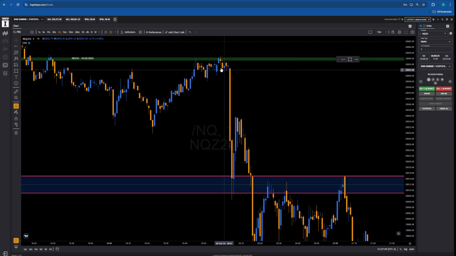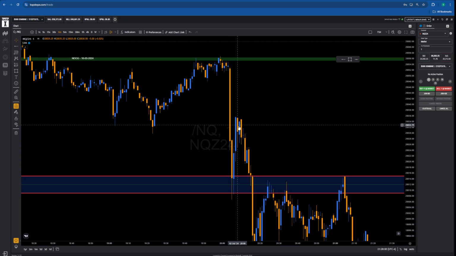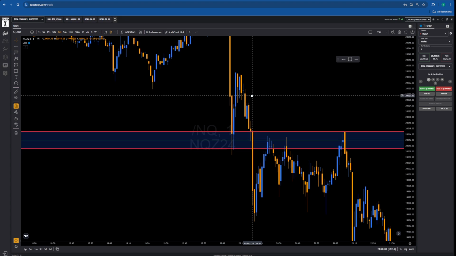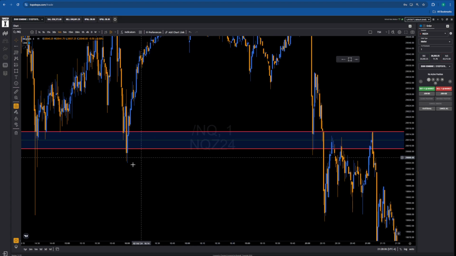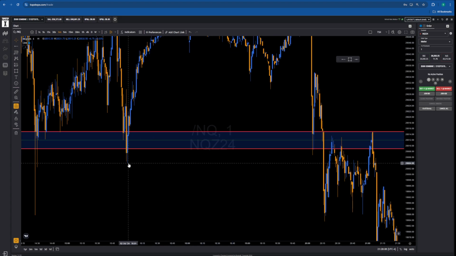Of course, this kind of move you cannot catch, but you'll see it left a fair value gap here, and as the market is retracing into it and still showing signs of bearishness, you can go for a short trade with whatever liquidity is on the left side nearby.